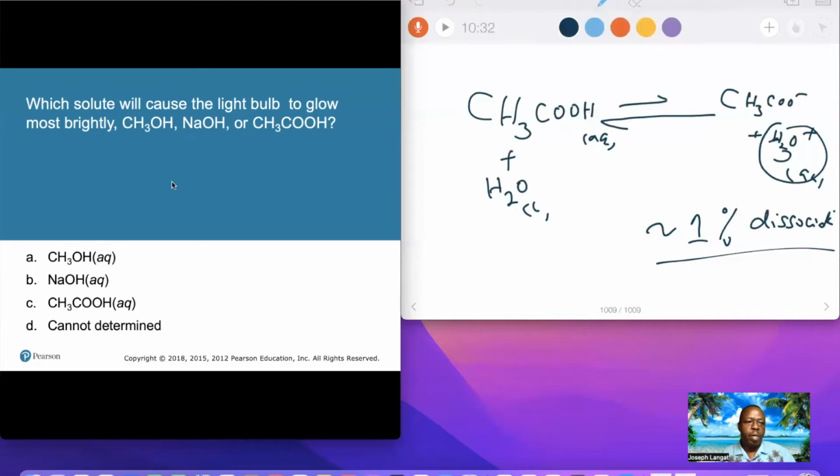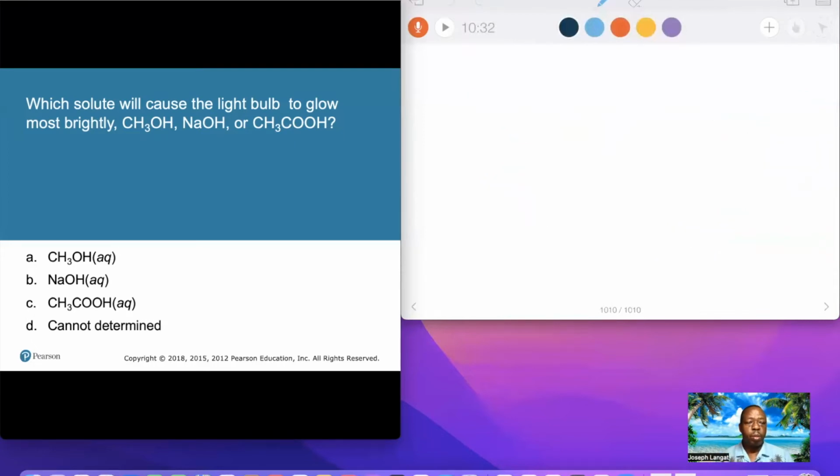If I look at the sodium hydroxide, this is an ionic compound. There is a metal and the polyatomic ion hydroxide. The other ones don't have a metal. These are just molecular compounds, and we say molecular compounds are non-electrolytes or could be weak electrolytes. But the question is most brightly, so we are looking for an ionic compound.